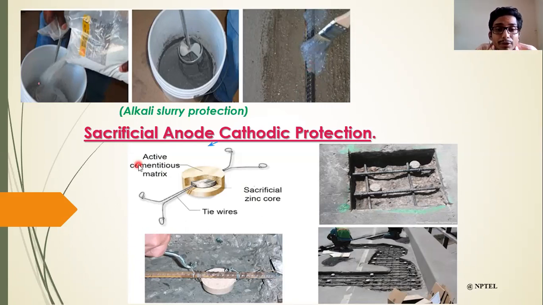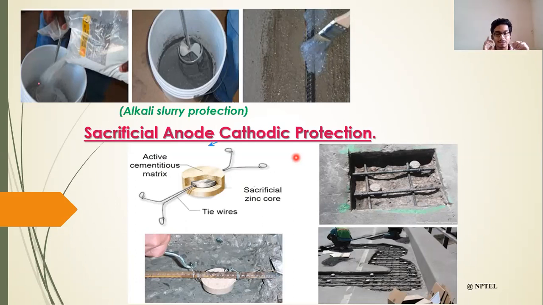So that is the sacrificial anode cathodic protection, SACP, or in some cases it is also called a CP protection method. In this case, step by step I will tell you very briefly, we are going to introduce an artificial anode in the concrete system.